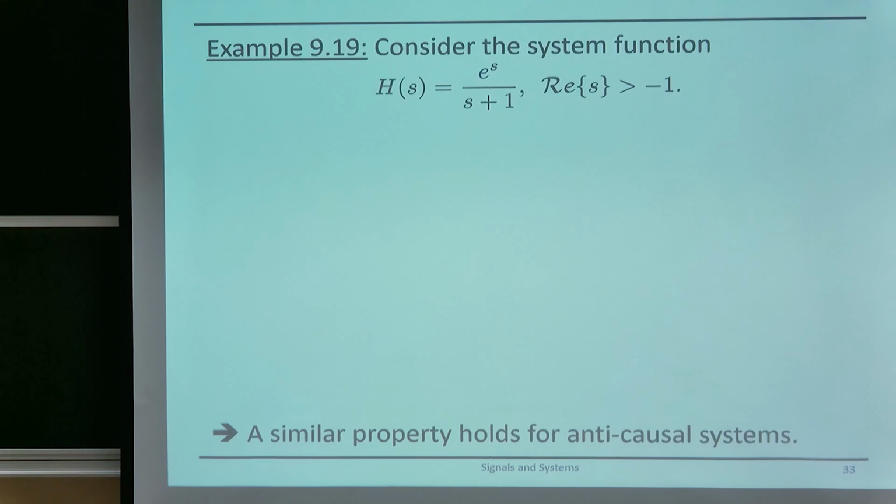So the ROC being the right half plane implies that h of t is right-sided.